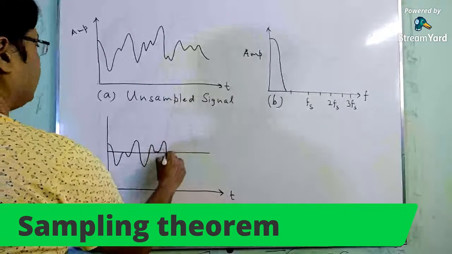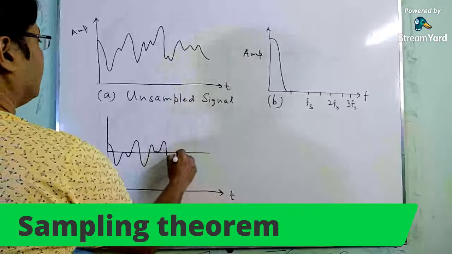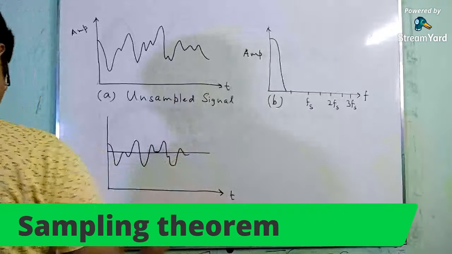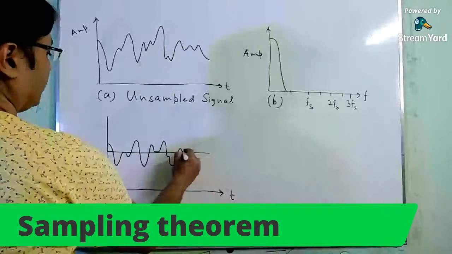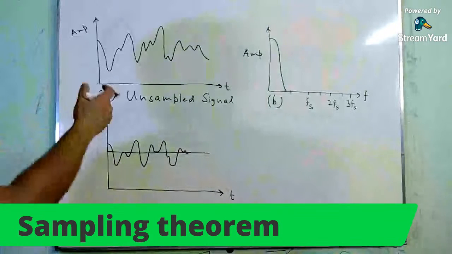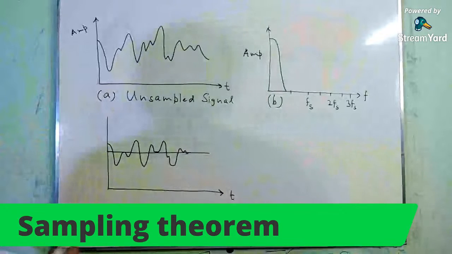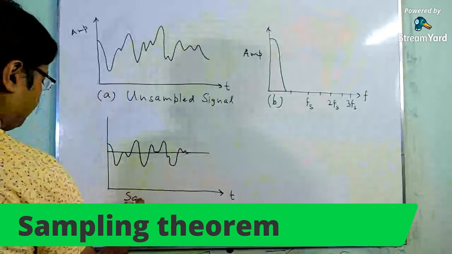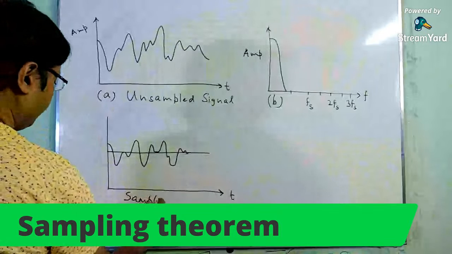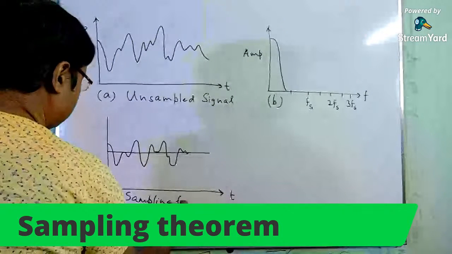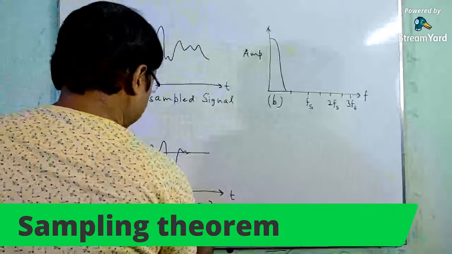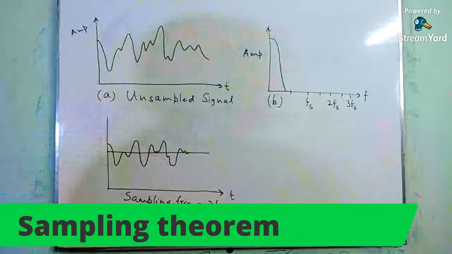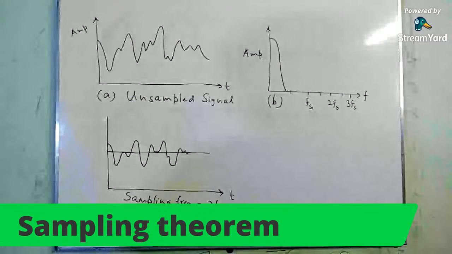The irregular shape of the wave may be missing here, or you may find that the original signal, that is the unsampled signal, and this signal are quite different, but I've tried to draw. Let's take the sampling frequency greater than the Nyquist frequency. That is, I have sampled this around 3f.